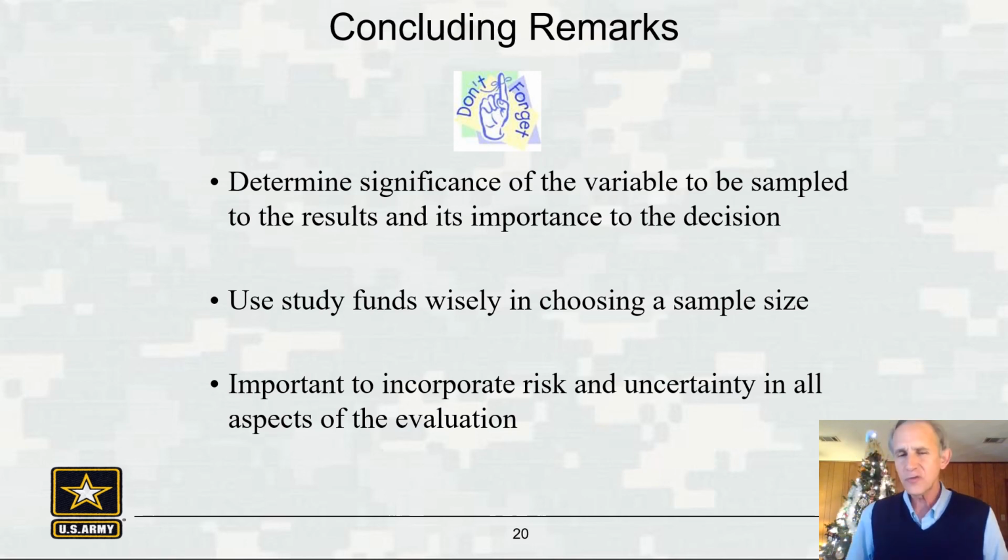So there are those trade-offs. Use your study funds wisely in choosing a sample size. And it's always important to incorporate risk and uncertainty in all aspects of the evaluation, because into that HEC-FDA model, we were able to put a standard deviation associated with the structures by the foundation type in those areas.